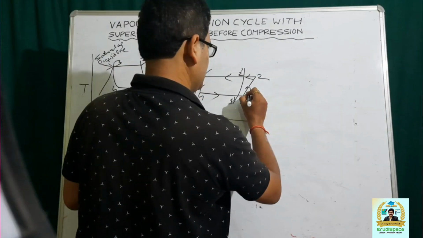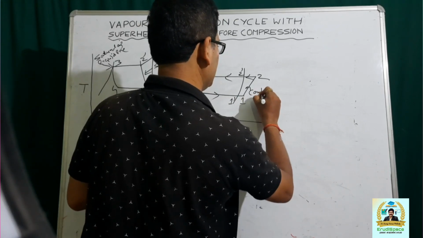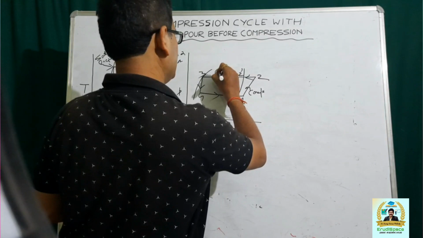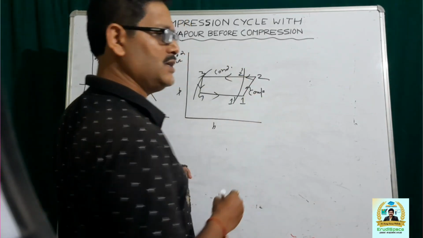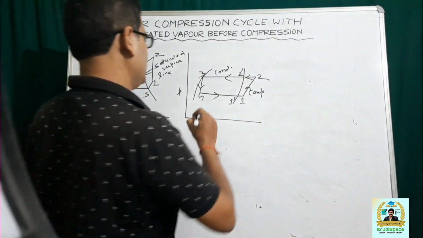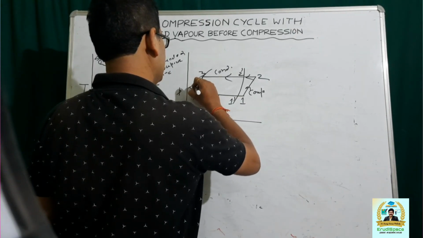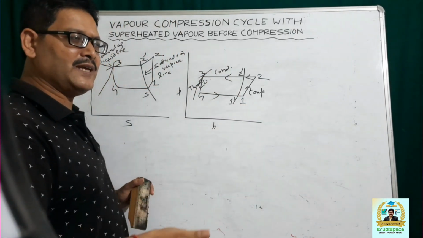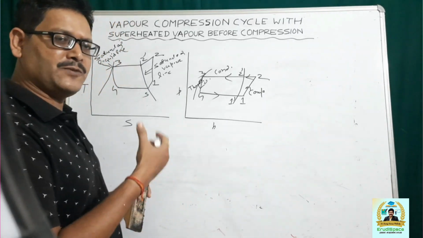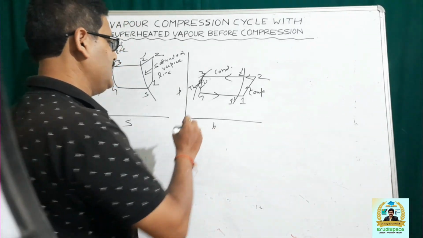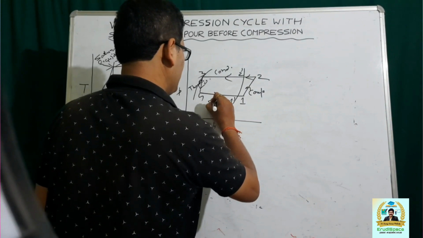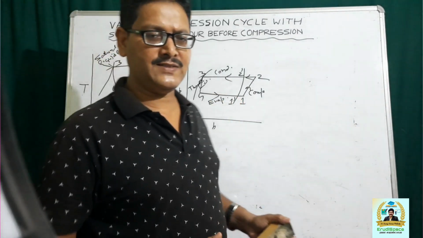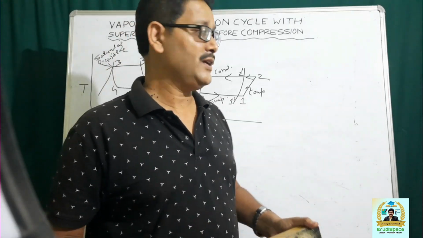This represents the compression process which takes place in the compressor. This represents the condensation process which takes place in the condenser. This represents the throttling process which takes place in the refrigerant control valve or throttle valve. And this is the evaporation or refrigeration process which takes place in the refrigerator or evaporator.